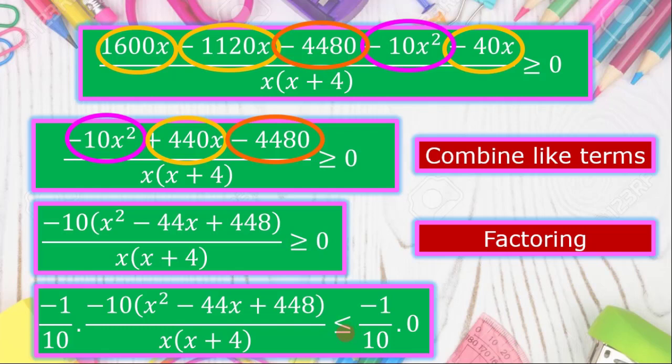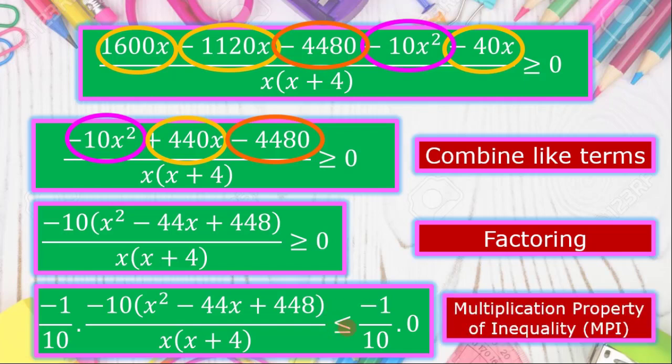This becomes less than or equal to because we multiplied or we divide by a negative 10. So we multiply by negative 1 over 10, or that is equivalent to saying we divide by negative 10. But since it is a negative number, it's the multiplication property of inequality that will justify this process, that this inequality will be reversed. Let's try to simplify.